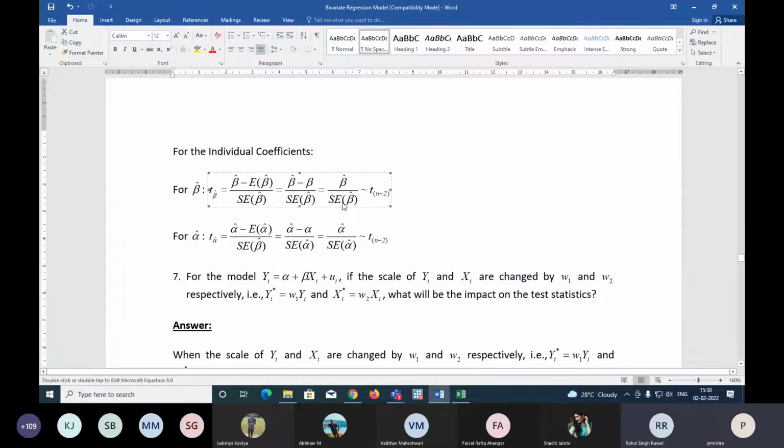So when we are computing standard error here for the T-stat, T-stat is basically beta hat divided by standard error of beta hat. Now the question is, how are we getting this standard error of beta hat? Standard error of beta hat means sigma hat square divided by summation of small xi square root.